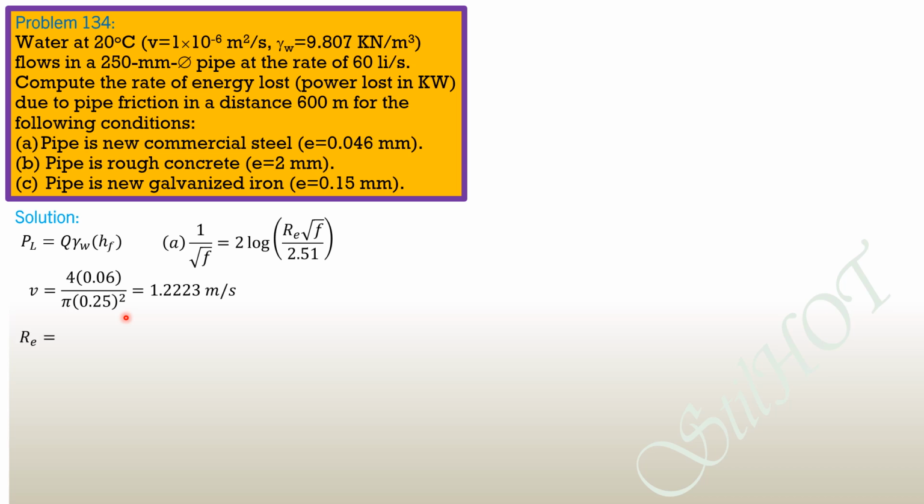Then the Reynolds number is diameter times mean velocity over kinematic viscosity. So substituting 0.25 times 1.2223 over 1 times 10 to the negative 6, the kinematic viscosity, we get 305,575.